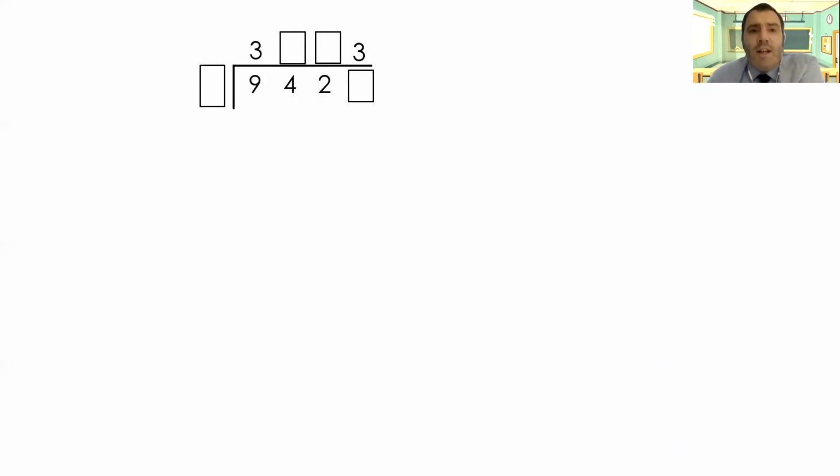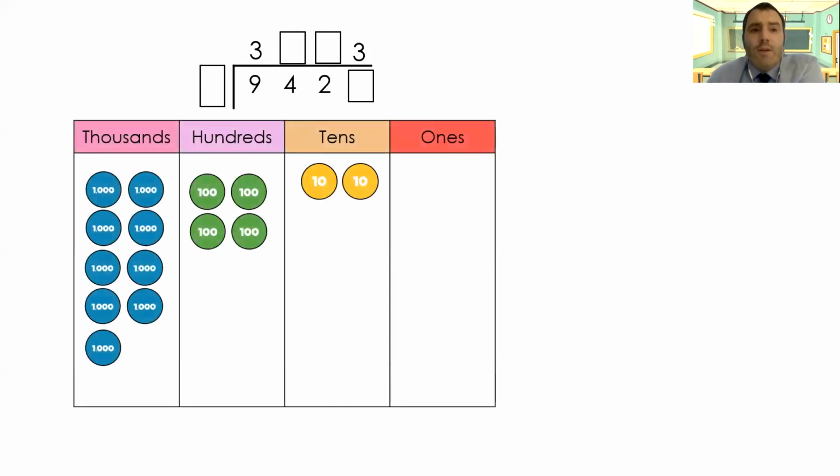Now we've got a missing number question here. What could the numbers be? We need to look at the first one. We need to work out what we're dividing by in order to help us. So what 9 divided by what equals 3? We need to think of our times tables. We know that it's 3. So we've got our grid with our place value.